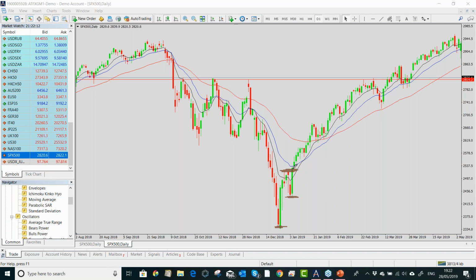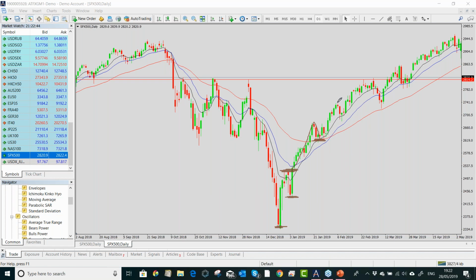Even if we wait for confirmation of price to get above these moving averages, we still have a lot of trend left. So even if we waited till this point, we then have multiple opportunities to buy this market. No matter what your strategy is, if you're looking to buy with the uptrend, there will be multiple opportunities across several different time frames, most likely.